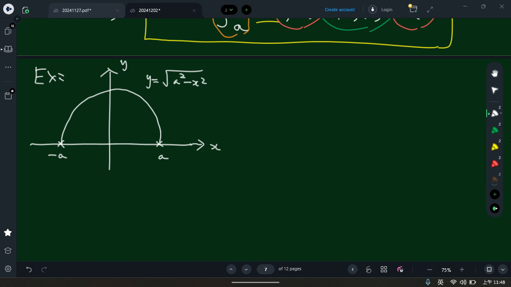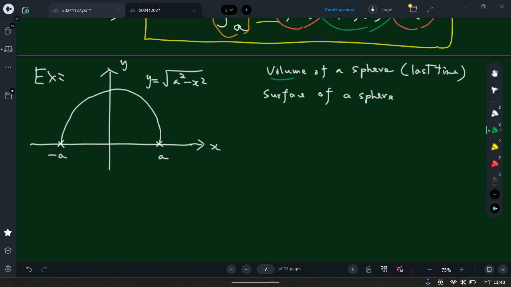So we calculated this before. Last time we just talked about the volume of a sphere, but this time we are talking about the surface of a sphere. This time we focus on volume, this time we focus on surface.